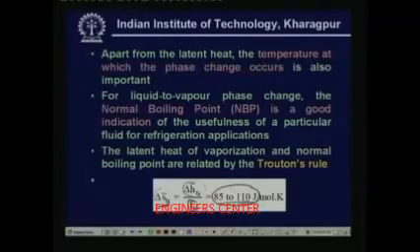For example, from Trouton's rule, you can see that the latent heat of vaporization increases as the normal boiling point increases. That means as T_B increases, ΔH_fg increases. And you can also find from this equation that substances having lower molecular weight will give rise to higher specific latent heat of vaporization.